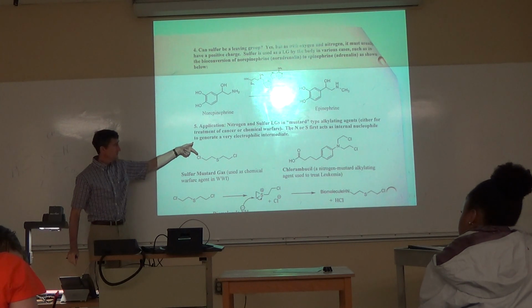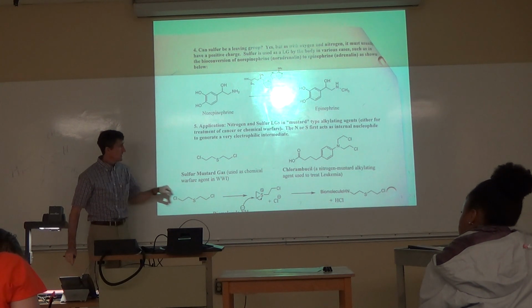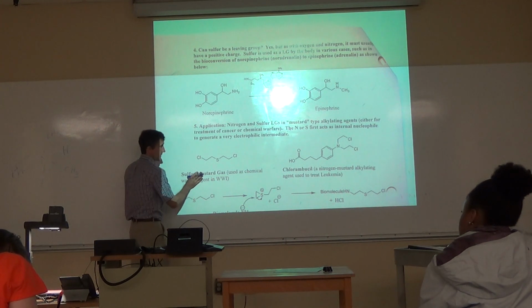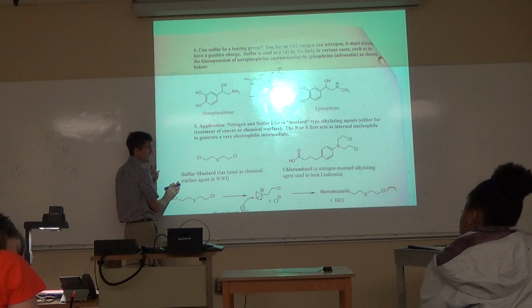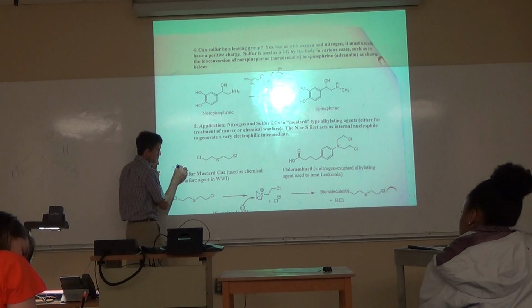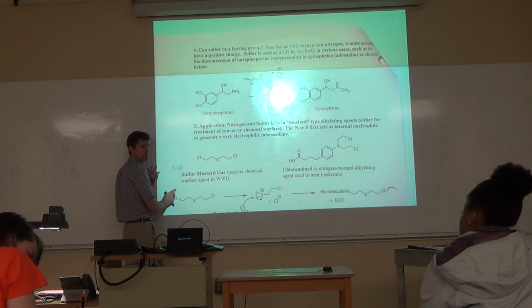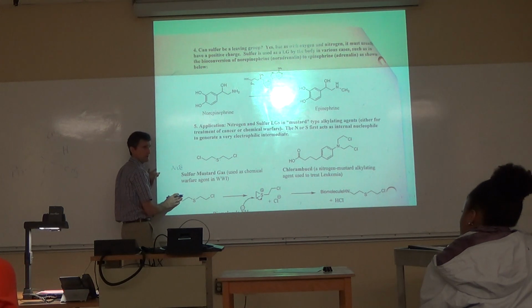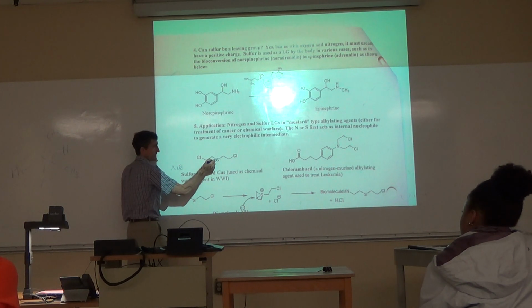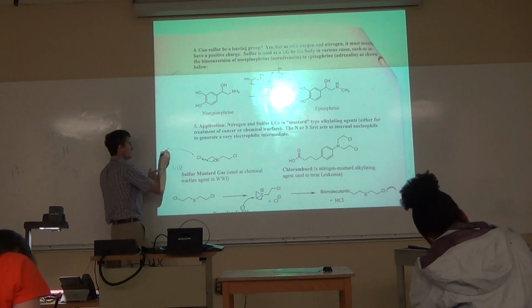What's going on here? Why is it so reactive? Well, you could envision a nucleophile coming in and kicking off one of these chlorines. But there are actually some electrons that are closer. What electrons are closer? These electrons come over here and kick that off. And that leads to what?